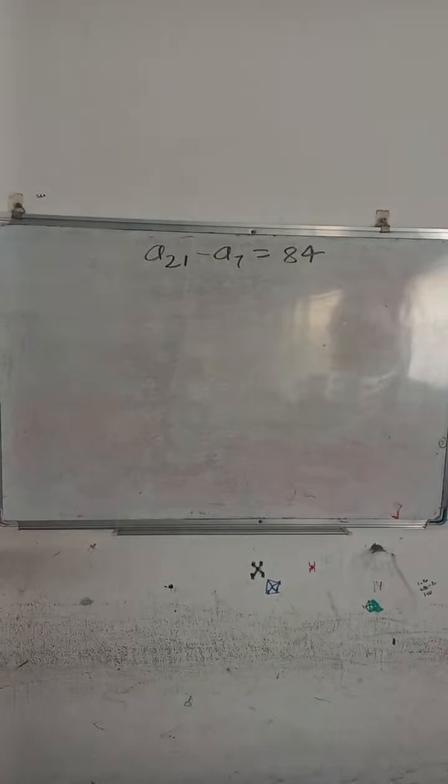Okay, they are asking what is the common difference. They are asking here for the common difference. So once you check the question, use the formula to get the desired answer.